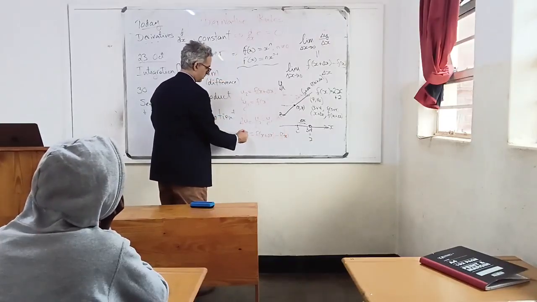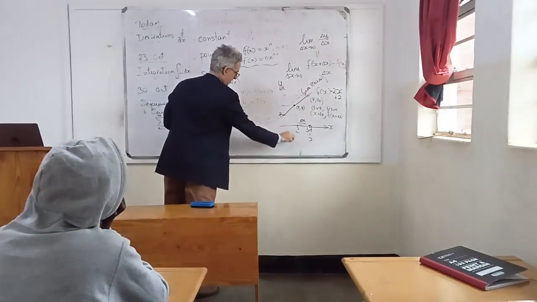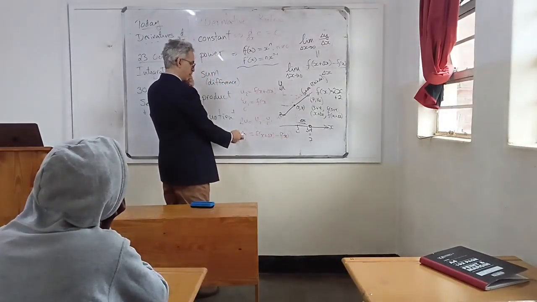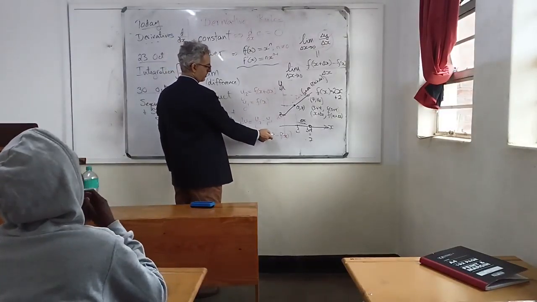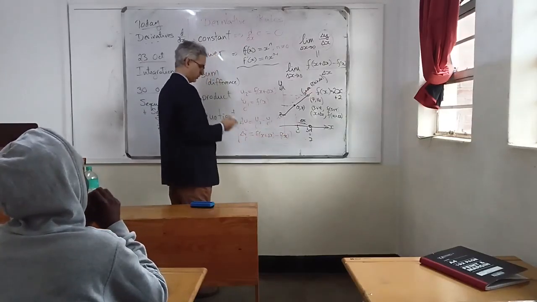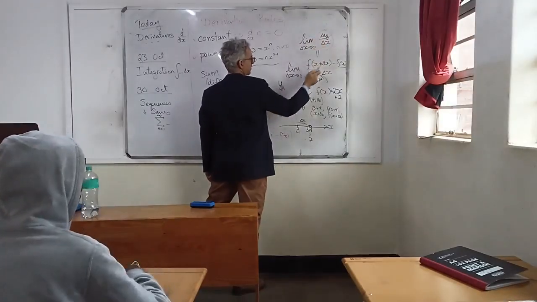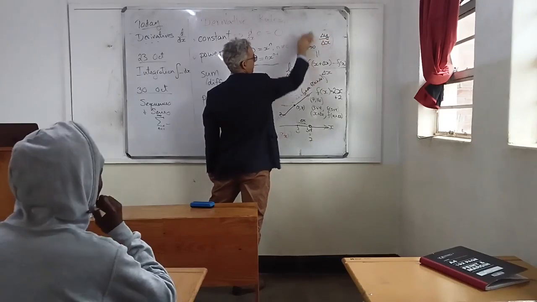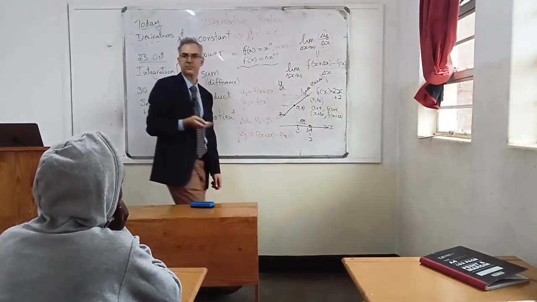And this is still delta y. And we have an identity. Delta y is the same as f of x plus delta x minus f of x, which is this. So now every part of this is equal to every part of this, which means they are the same thing.